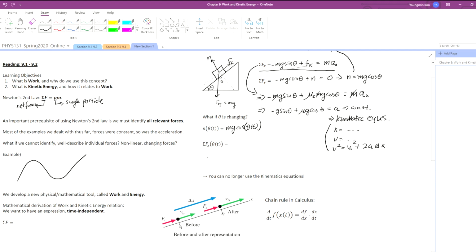And in this case, we can no longer use the kinematics equations because this depends on the acceleration being constant. And this becomes a differential equation, time-dependent equations, which is much more difficult to solve if it's not possible to solve analytically. So that's one example where the problem could quickly become more complex from what we are used to solving in class.